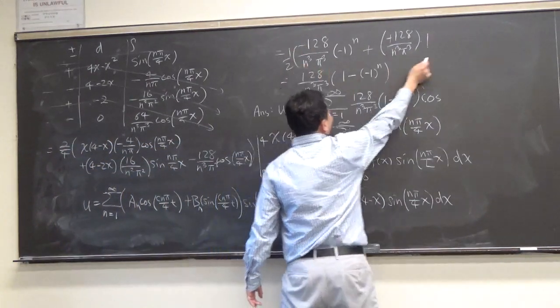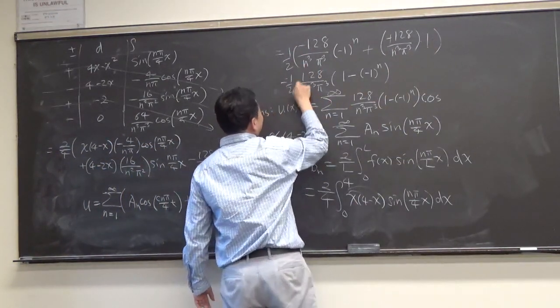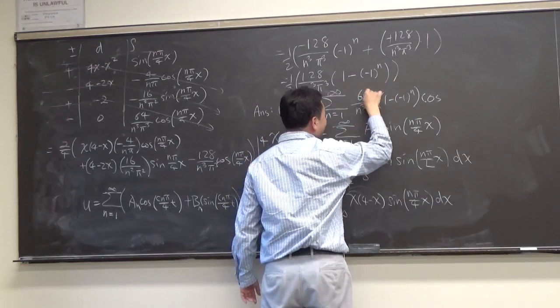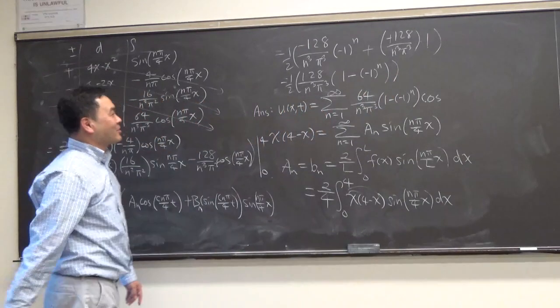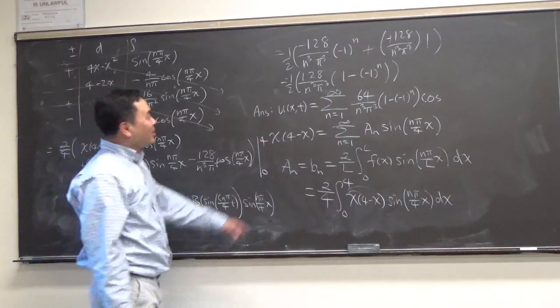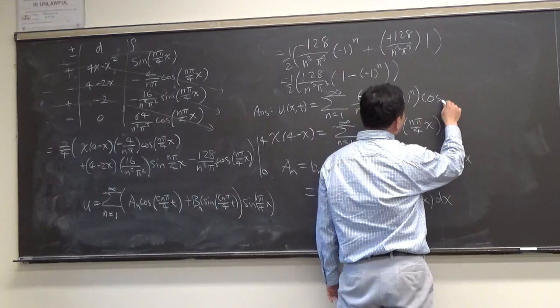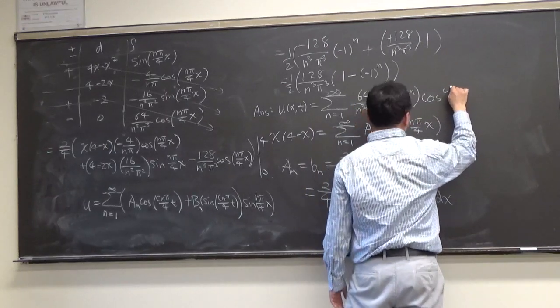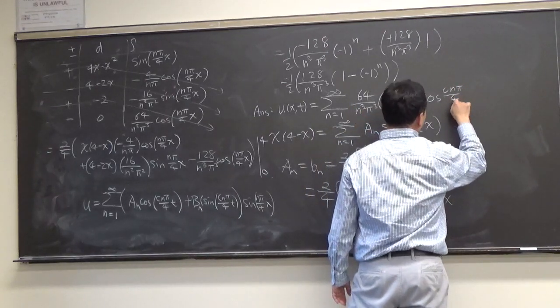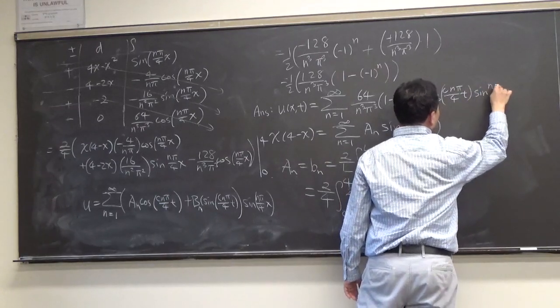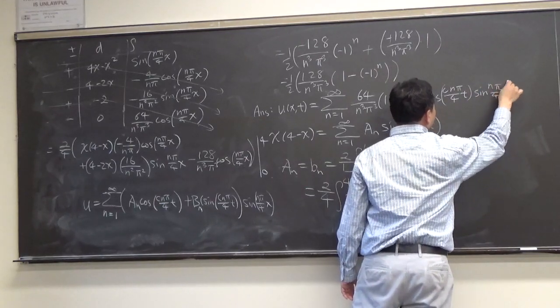Thank you. Yeah, that's like the most common mistake. I've been teaching this for so long and I still make that mistake. Okay, sorry about that. So it'll be 64. Half of 128 is 64. Okay, and then this one, and then cosine n pi over 4t times sine n pi over 4x.